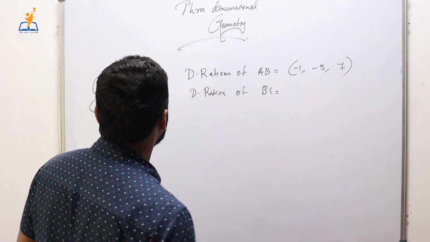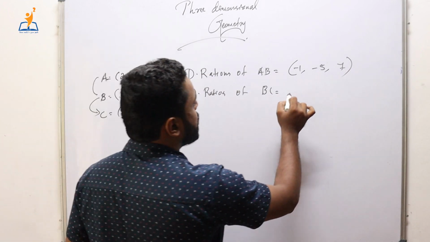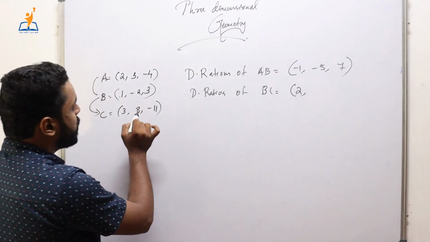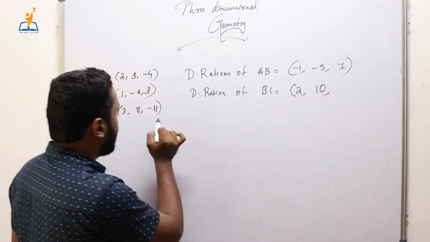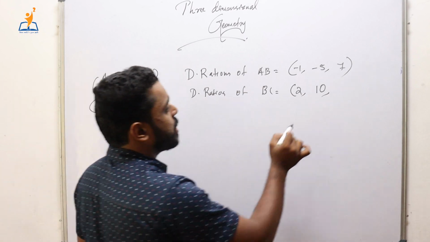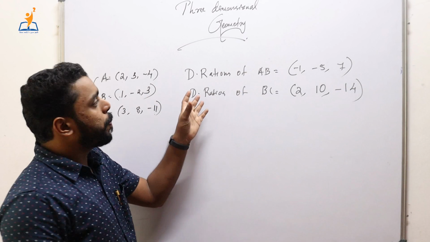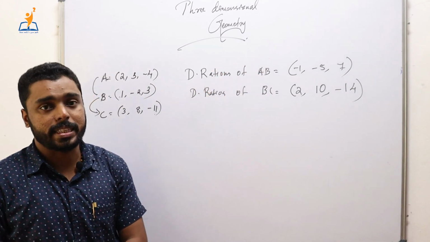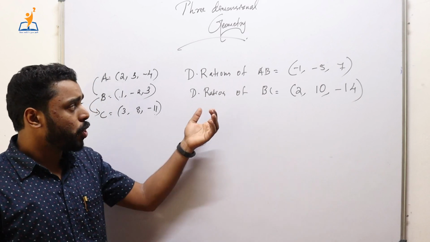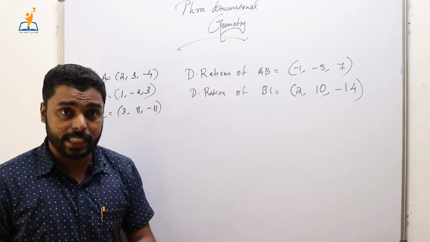Now the direction ratios of the line BC: 3 minus 1, it is equal to 2. 8 minus minus 2, it is equal to 10. Again minus 11 minus 3, it is equal to minus 14. See, we obtained the direction ratios of AB as well as BC. Just before I told you that we can have infinitely many direction ratios for a single line.